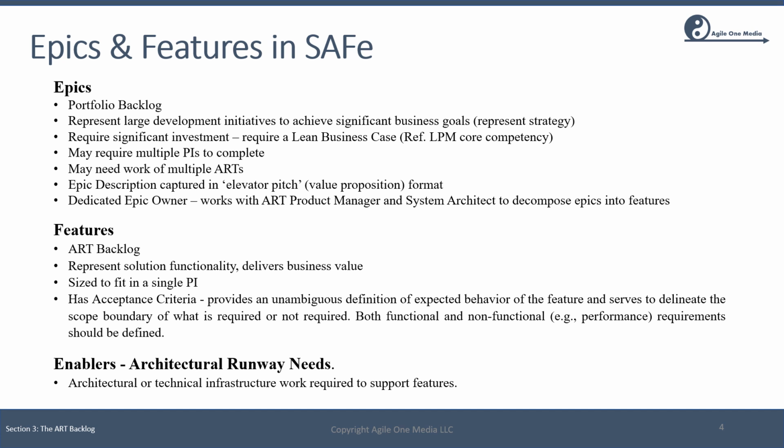Both functional and non-functional requirements should be identified in the feature. And then finally, we have these things called enablers, or architectural runway items. These represent architectural or technical infrastructure work required to support any proposed features.